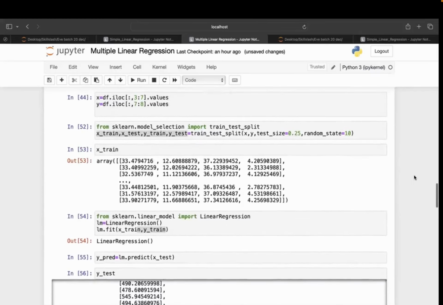Just a second. X train, X test, Y train, Y test.